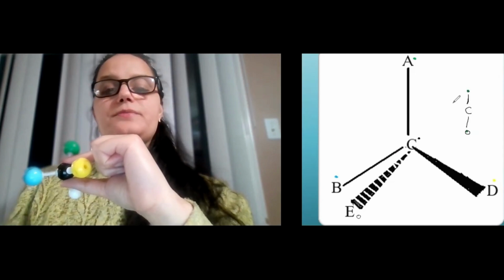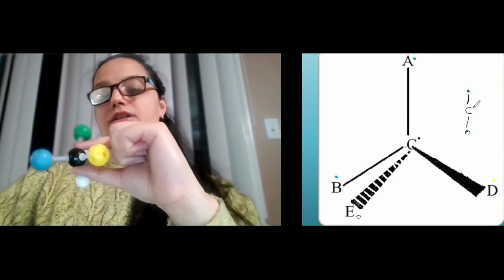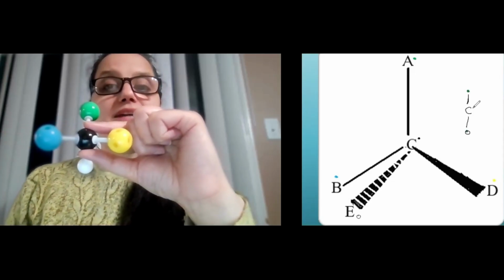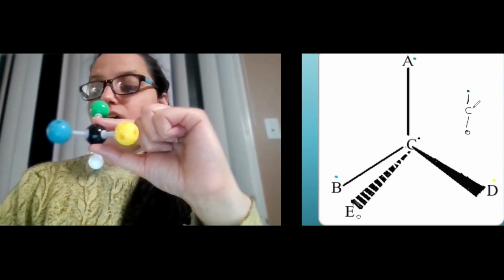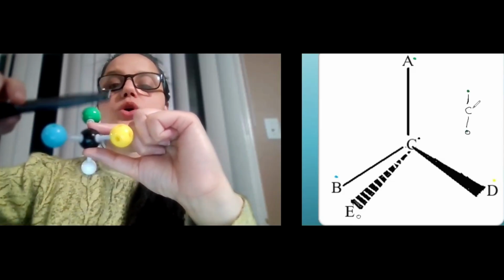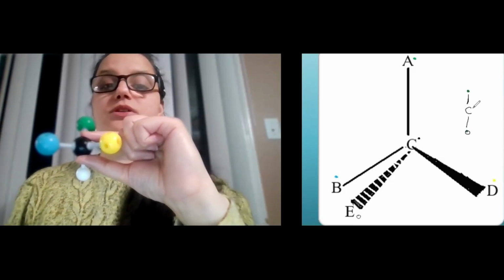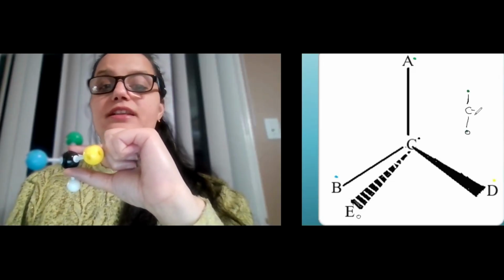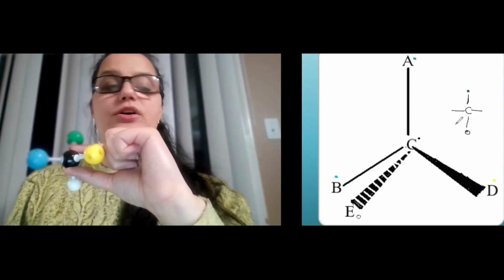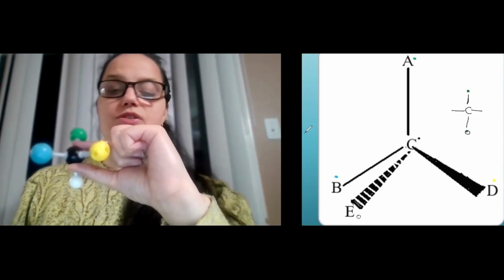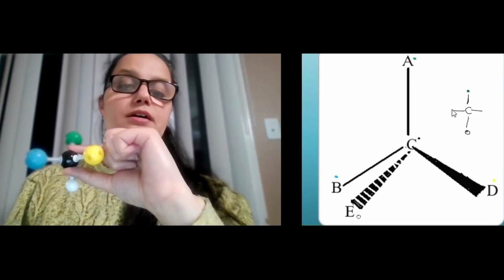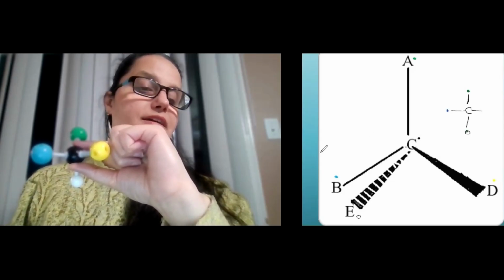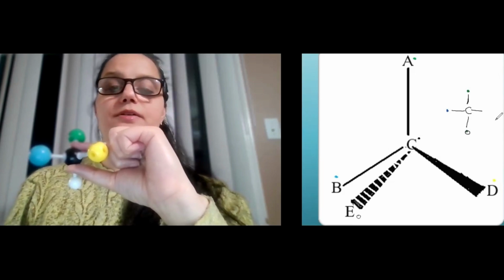Then the two groups which are again coming out of the plane, but towards the observer, need to be represented on the horizontal lines. So they will be represented on the horizontal lines with blue over here and the yellow group here.